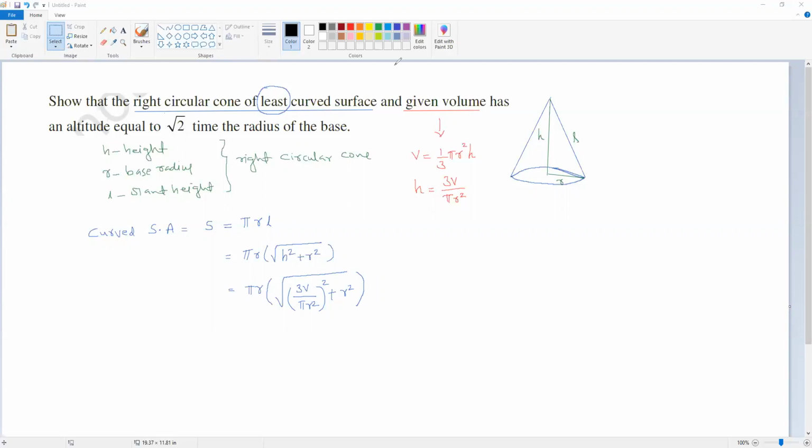Now, so either we are going to square this to avoid the square root symbol. तो उसके लिए ये एक idea use कर रहे हैं कि if curved surface area is minimum, curved surface area का square is also minimum. कर्व सरफेस एरिया मिनिमम है तो उसका स्क्वायर भी मिनिमम ही होगा. So that is why we are going to squaring both sides.